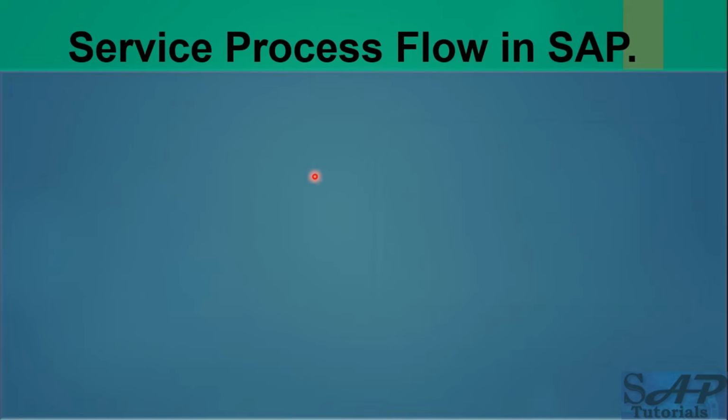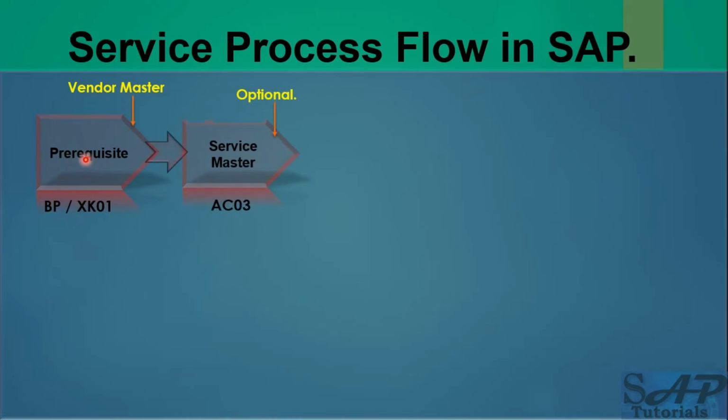Let's see this scenario. First we require a vendor. There is already a video available; you can see how to create a vendor in BP or through XK01. So it's a prerequisite. Then we require a service master, but again it's optional. It's not necessary, but we create it if we are most frequently buying the same services.